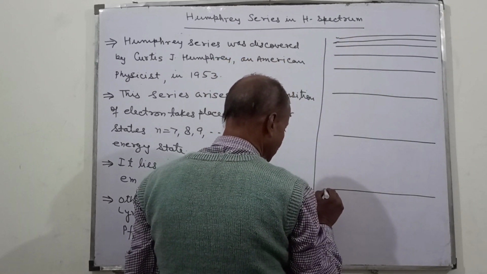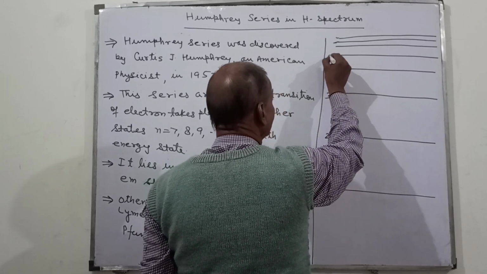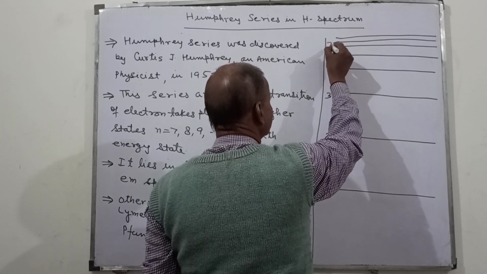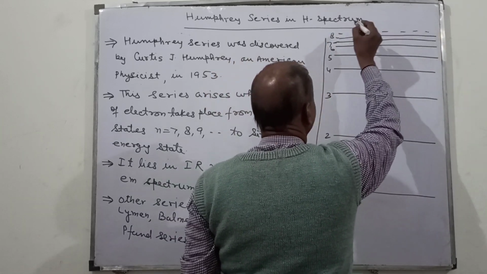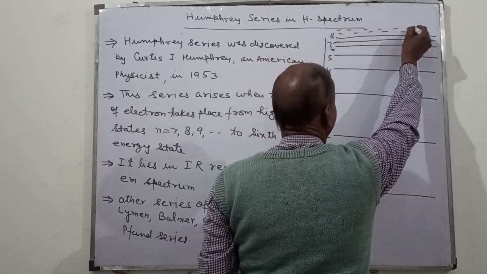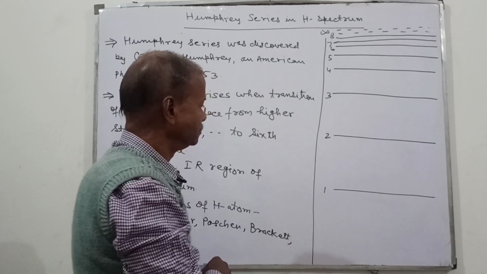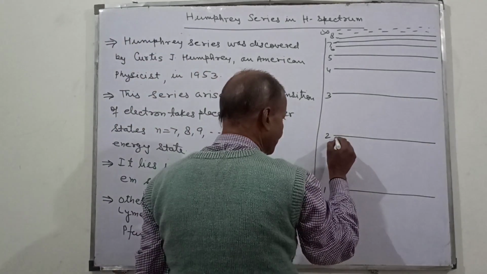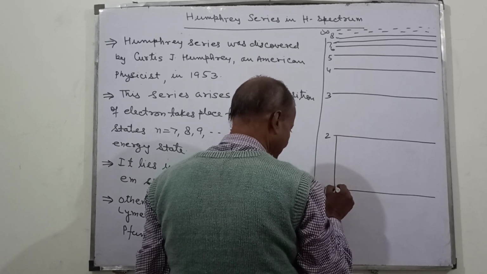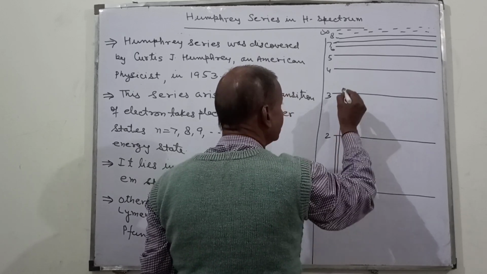This is n equal to 1, 2, 3, 4, 5, 6, this is now 7, this is now 8, and so on. This goes up to infinity. So now the series is like this.